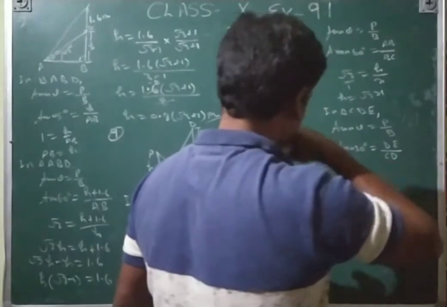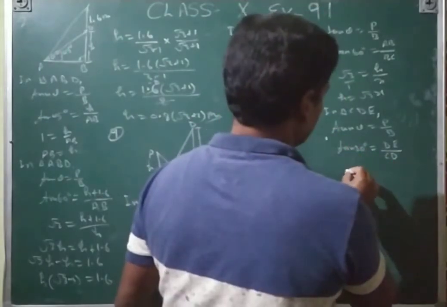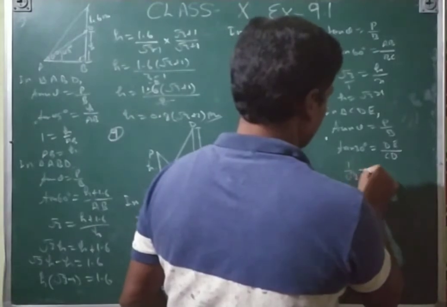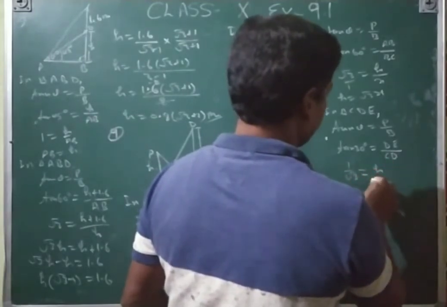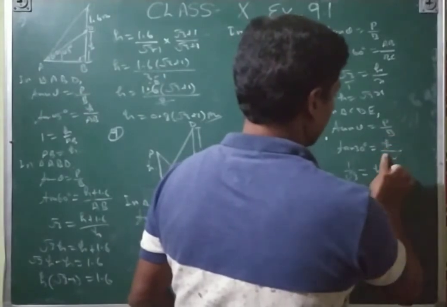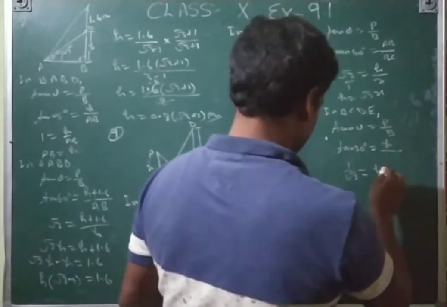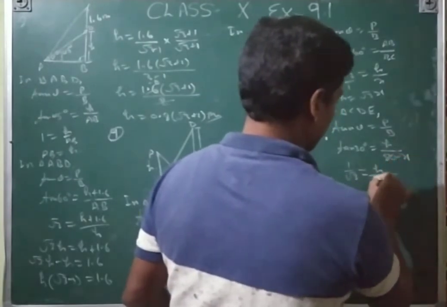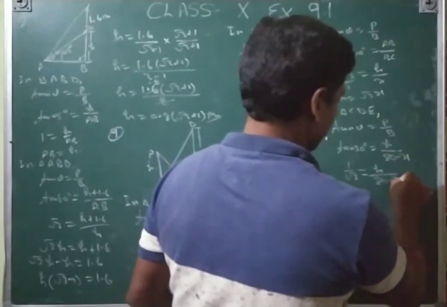And then tan 30 value is 1 upon root 3, equal to DE, which is h, so we can write directly h, and base is 80 minus x. So that is 80 minus x.